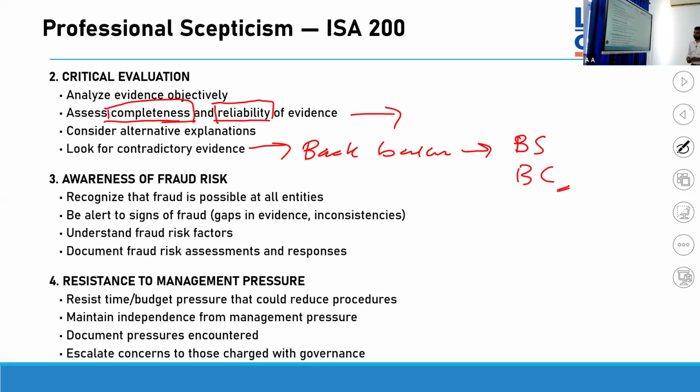Next one is awareness of fraud risk. You must be alert to signs of fraud. If any red flags are there, you must be alert, right? Next one is resistance to management pressure. If management is pressuring us from doing our audit, if they are interrupting our procedures, we must resist, right?